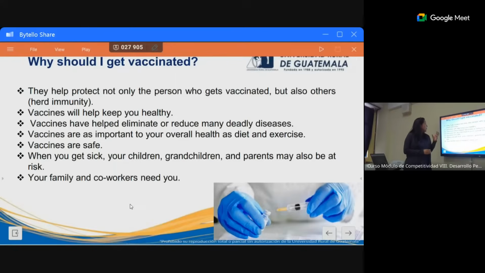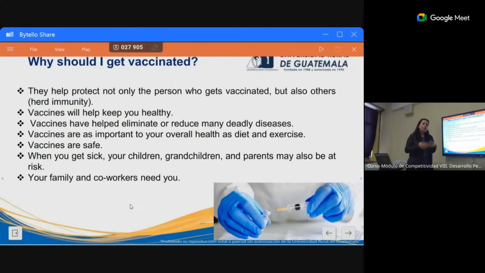Yes, so that's why you should get vaccinated. Because when you are sick, you probably won't go to work, won't study, won't be active, and how important you are for your family and coworkers. Most for your family because they really need you: your children, your parents, your siblings, and all the people who really love you.